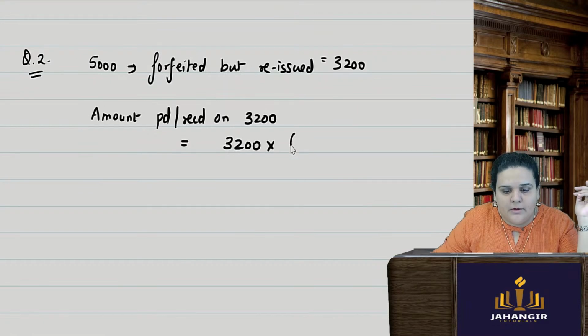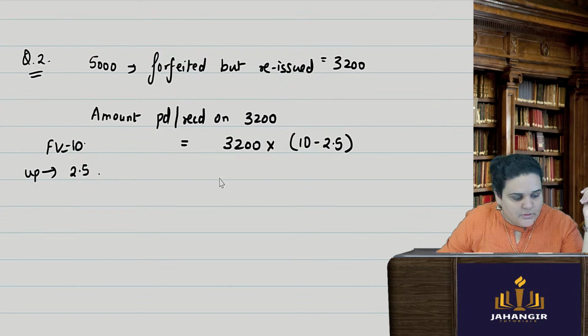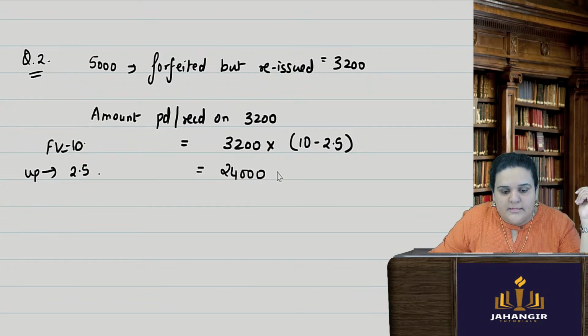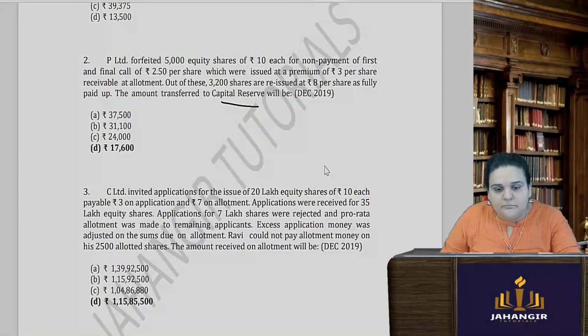So paid will be what? 10 minus 2.5. The face value amount of the share is 10 rupees. Unpaid amount is 2.5. So here it will become 24,000. This 24,000 you will transfer to the share forfeiture account. I am just taking the face value.